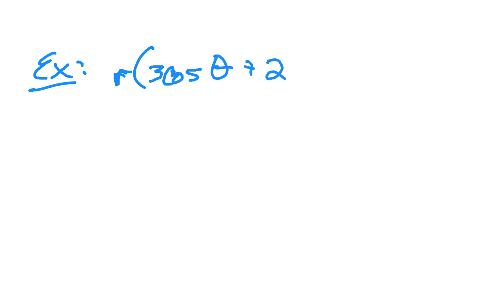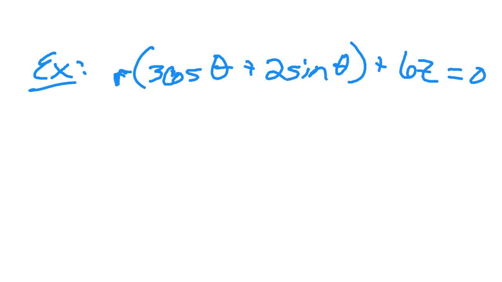So let's see, if I have r times 3 cosine theta plus 2 sine theta plus 6z equals 0.